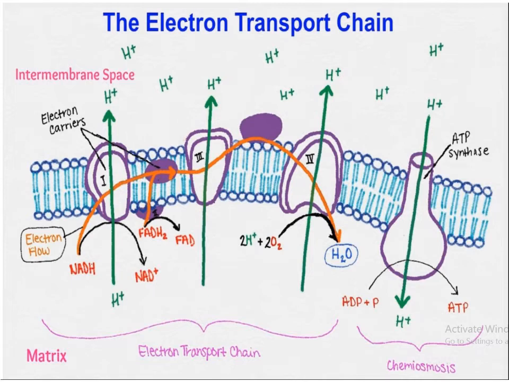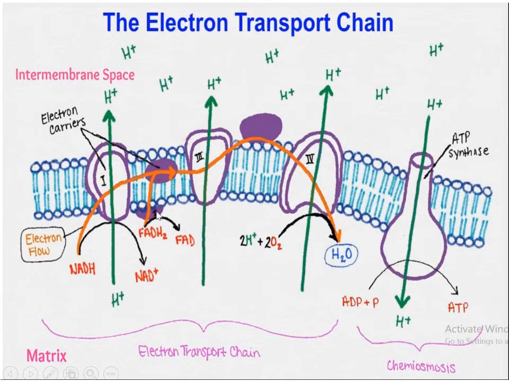Coenzyme Q sits there waiting for further instruction. At this point, the FADH2 molecule approaches the smaller complex 2, and just like NADH, FADH2 gives up its electron and turns into FAD. It donates its electron to complex 2, but complex 2 cannot be supercharged like complex 1 and cannot pump protons from the matrix to the intermembrane space.